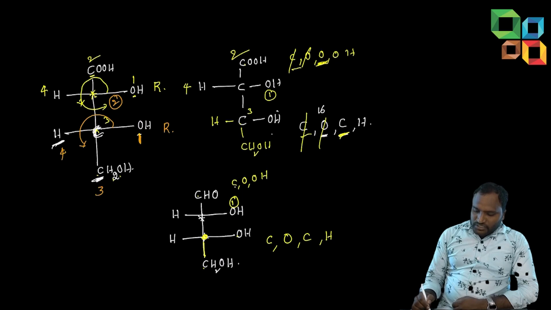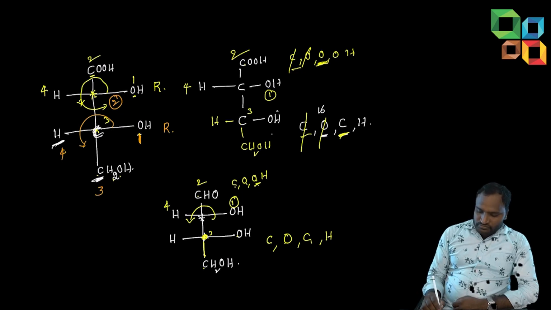So here carbon and O, which will get first priority? O will get first priority. Fourth priority, third priority. Why are you thinking so much, students? Sir, it is horizontal, no?